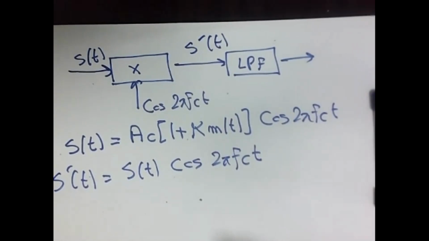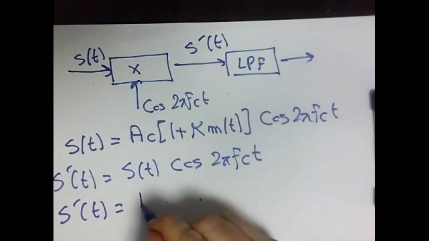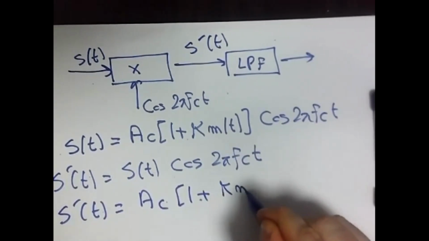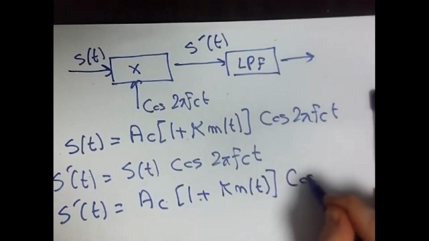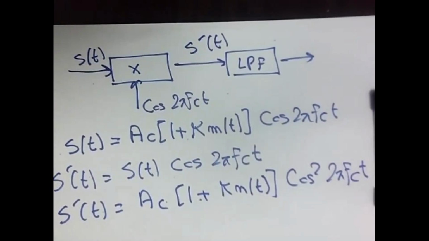Okay, let's see the output. The output s(t) equals A_c (1 + k m(t)) cos² (2π f_c t). Perfect, the same. Now you have the same cosine square, which equals half (1 + cos 2x).